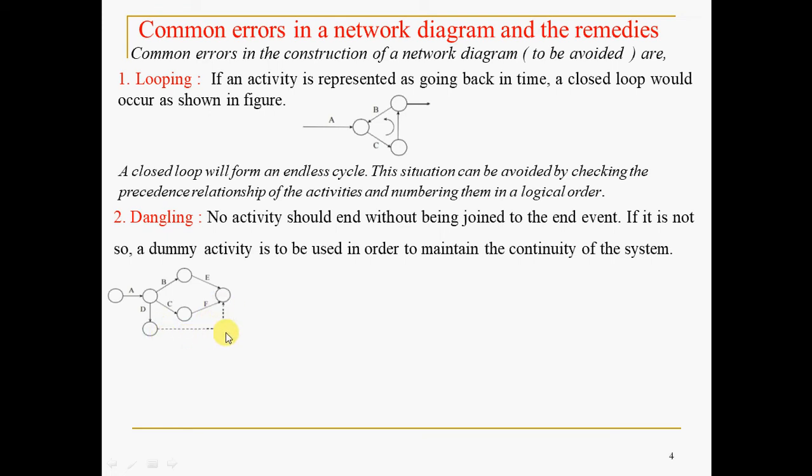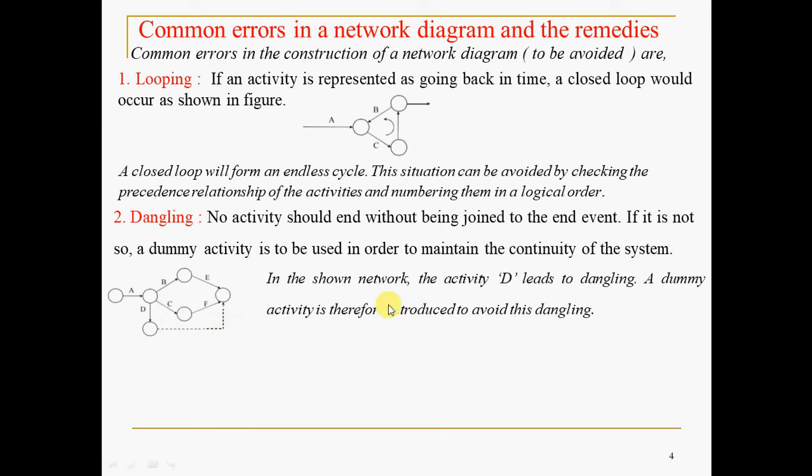Dummy activity is the one which will not consume any resource, as we discussed in the previous session. So in the shown network, the activity D, for example, this one, leads to dangling. If it is not connected with this dotted line, a dummy activity is therefore introduced to avoid this dangling. It is like a support, of course, zero consumption of time or zero consumption of resource it is. If you leave it like this, that error is called dangling error. So that can be avoided using a dummy activity.